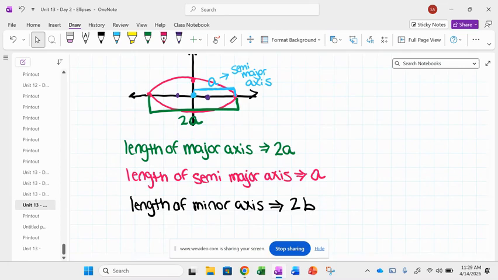The minor axis is where the ellipse is short in. So for this specific one, because we're a horizontal one, we're short in the y. So from here to here, that is our minor axis from vertex to vertex.